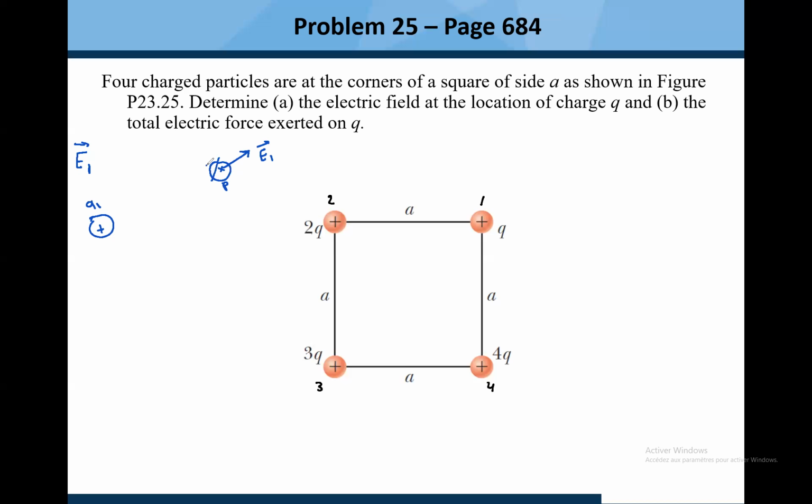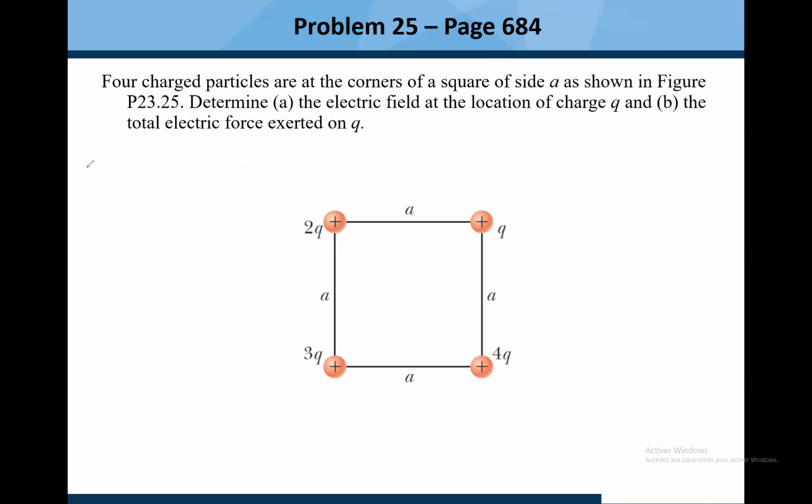E1 equals K, the created field, absolute value of Q1, divided by the distance R squared. Okay?